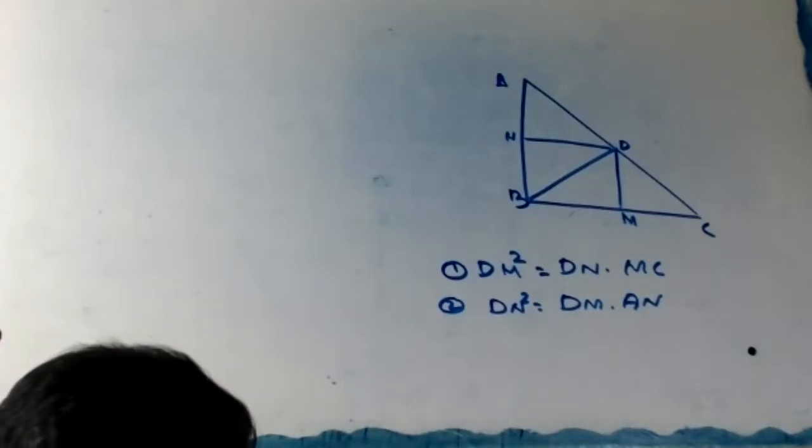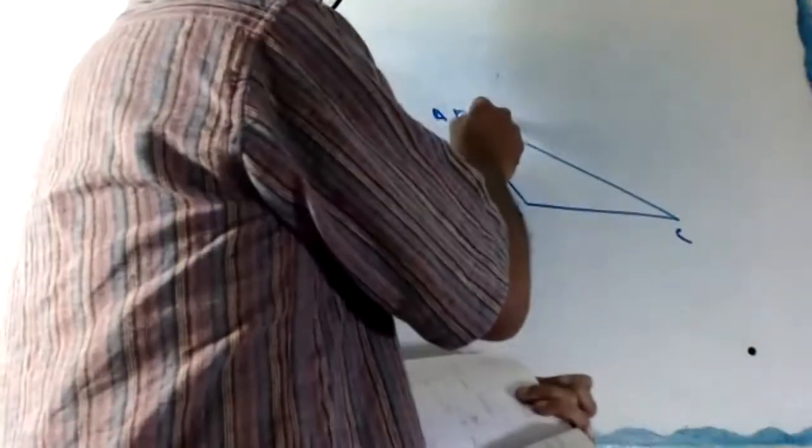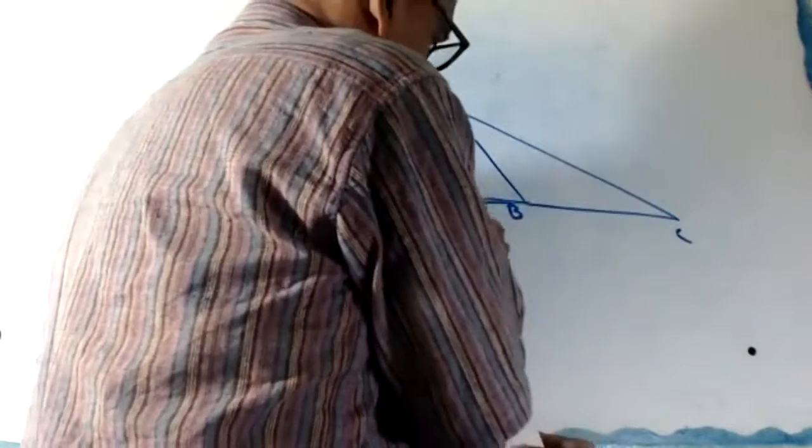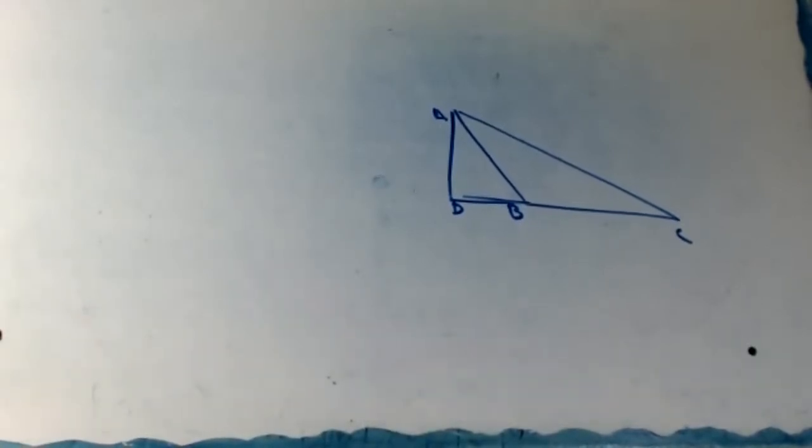In figure, ABC is a triangle in which angle ABC greater than 90, and AD perpendicular to CB produced.